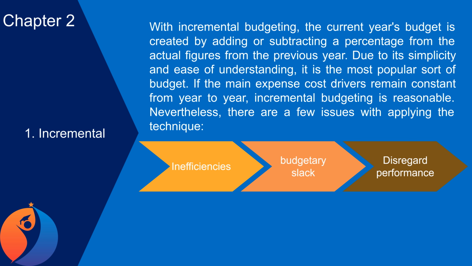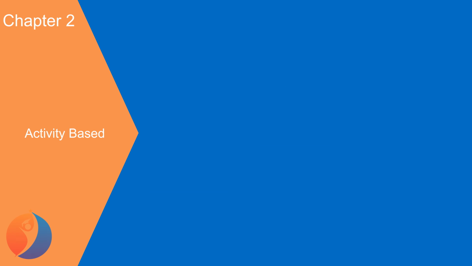Disregard performance. It is also prone to disregard exogenous factors of activity and performance. Some input costs, for example, have seen very substantial inflation. Incremental planning ignores all external considerations and just expects that costs will rise by 10% this year. Number 2. Activity-based.